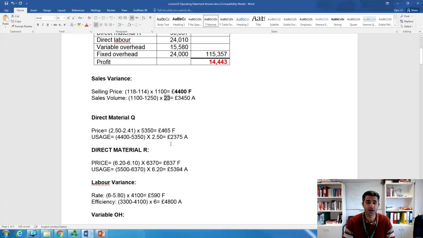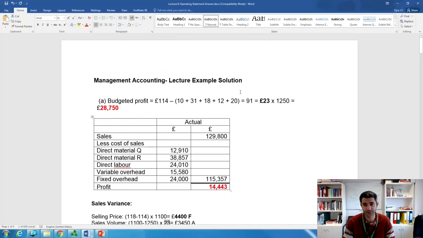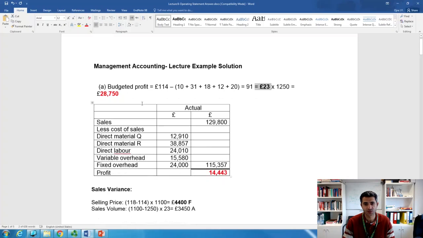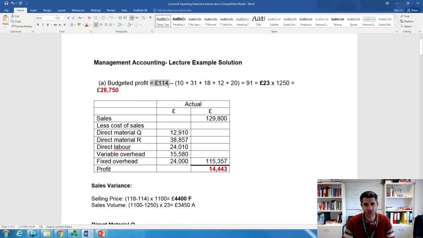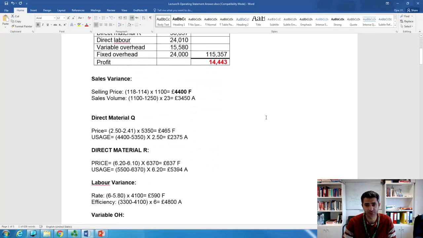If you remember, this figure comes from here. Do you remember when we calculated the budgeted profit? The budgeted selling price per unit minus the 91 pound, which is the budgeted total cost per unit, equals 23 pound, which is the standard or budget profit per unit. This is the 23 pound you included here.